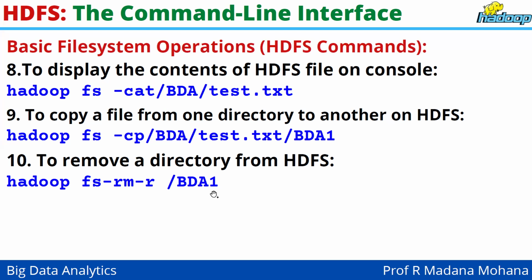Suppose you don't want to remove the entire directory, you want to remove only a specific file. Then here you can give, under this BDA1 directory, slash and the file name, for example, test.txt. Then only that specific file is removed. Here -r stands for recursive, so it verifies recursively from the root directory.